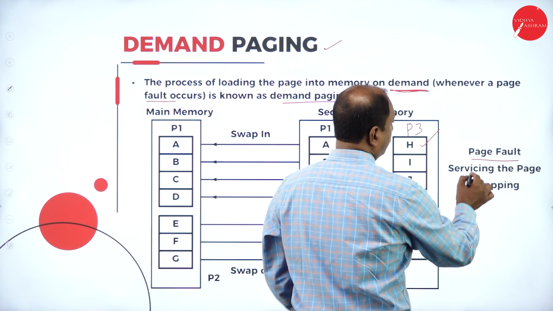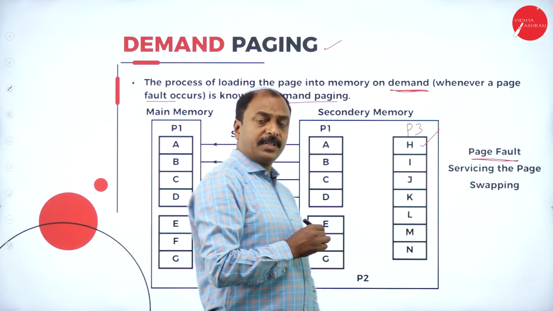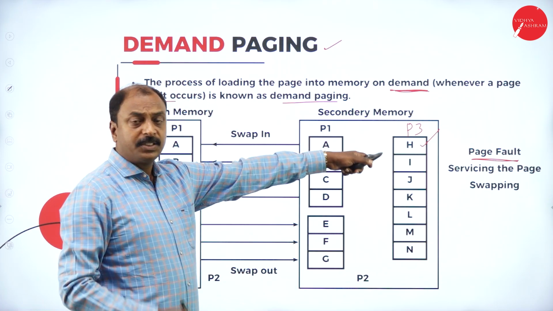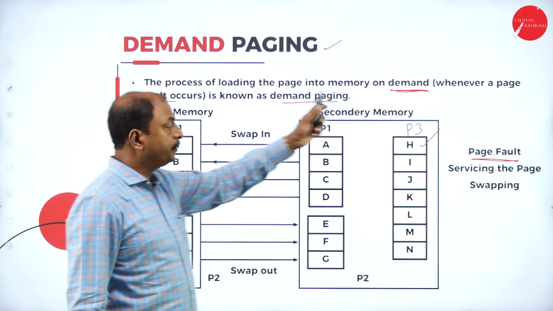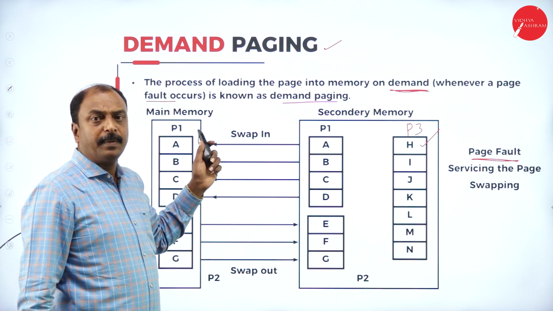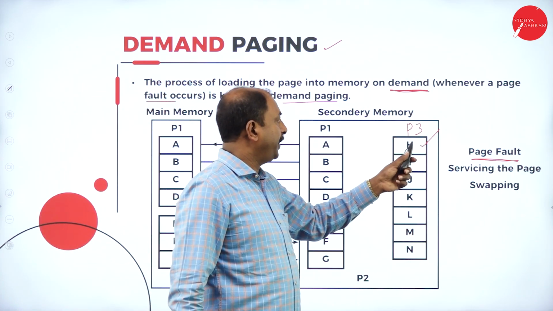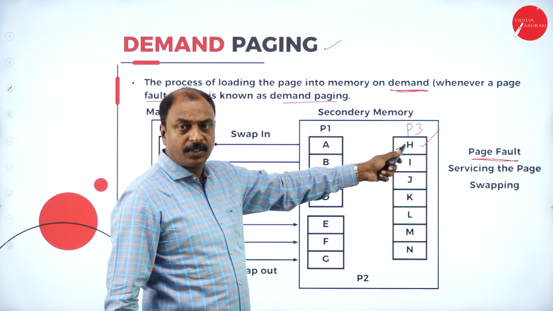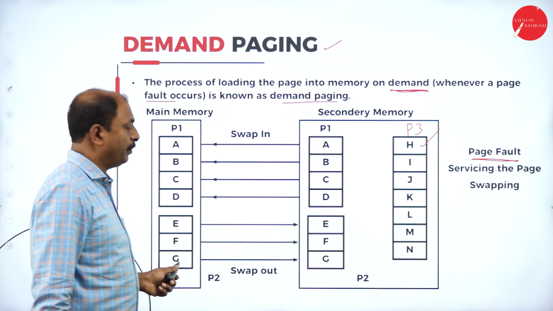That is the concept of page fault. Immediately, at this stage, it is called demanding the page. Now the CPU demands page 0 of process 3, and we have to load this from here into main memory.